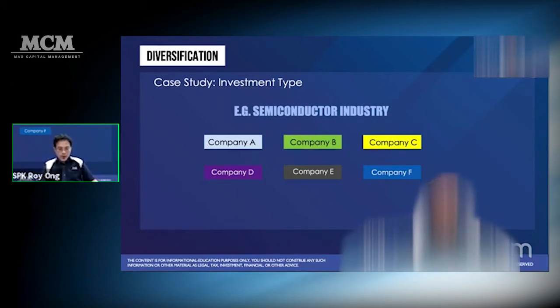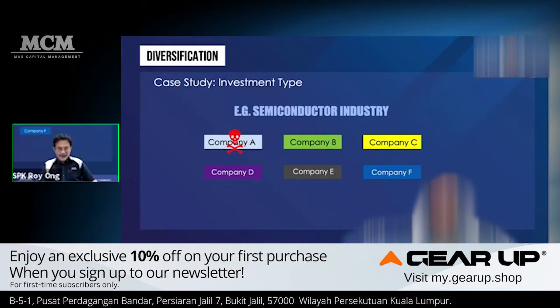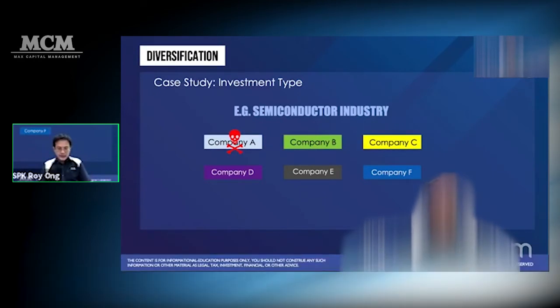But what if there are so many companies in the market, and I invest in company A, but with such bad luck, company A closes down due to unforeseen reasons? Then you lose all your money.